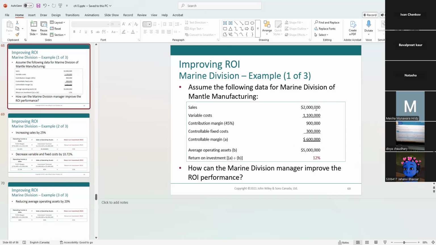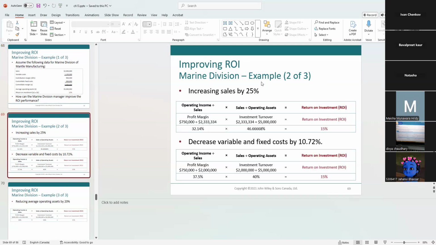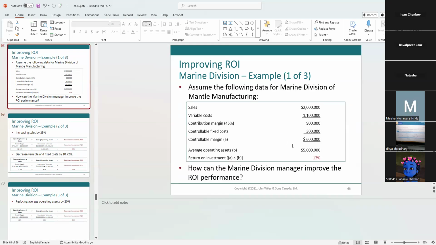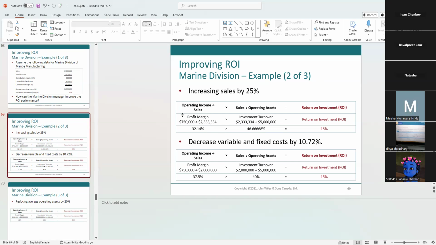If you increase the sales by 25%, your income is also going to go up. Sales go up, assets stay the same, and that's going to increase return on investment. So one way to increase the return on investment is increasing the sales.